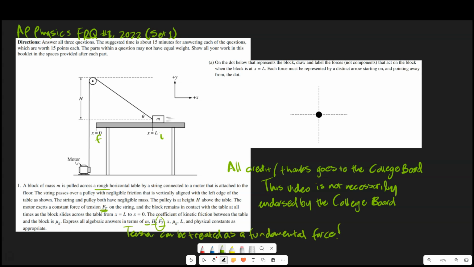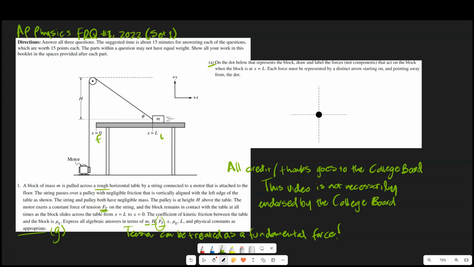It's really crucial to understand that they're saying that tension in this problem can be treated as a fundamental force. It doesn't need any further derivation. You can just treat it as is. So that's really important here. And then we also have physical constants as appropriate. What is that talking about? In this case, we're talking about g. We can use g, gravitational acceleration, in our solution.